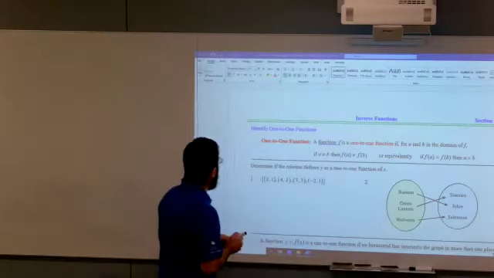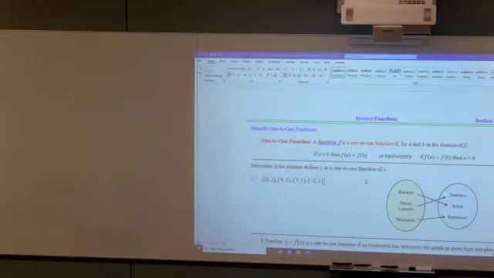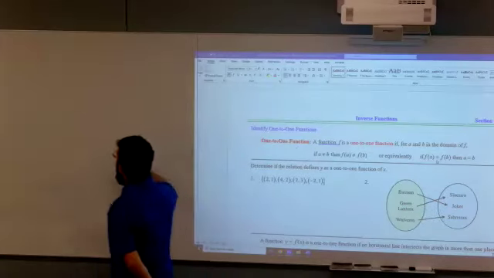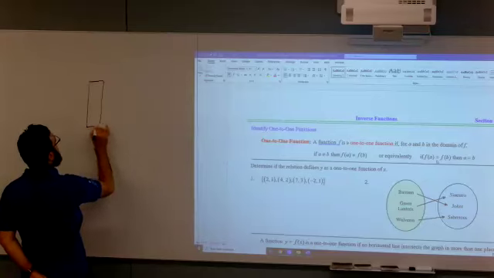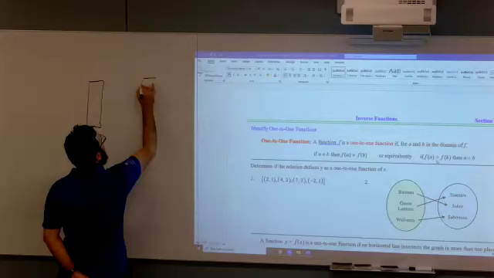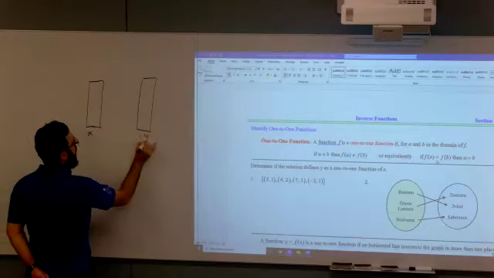Now let's check here. If you remember before, when we want to see if this is a function or not, you remember how we do that? This is x, y.